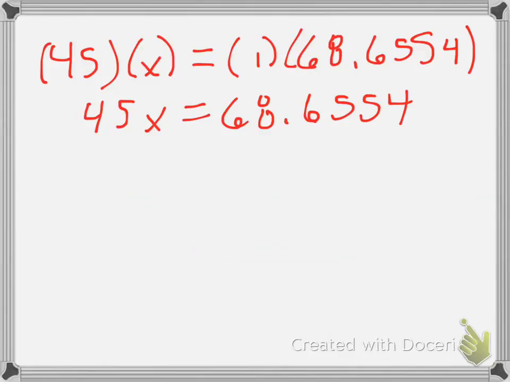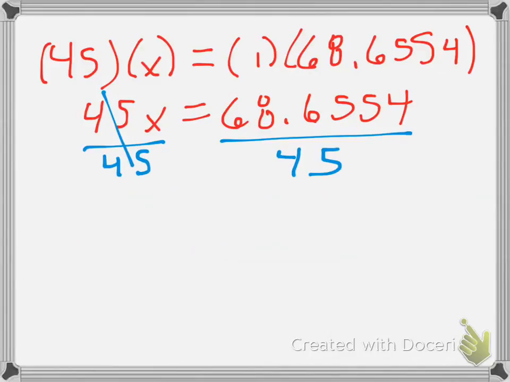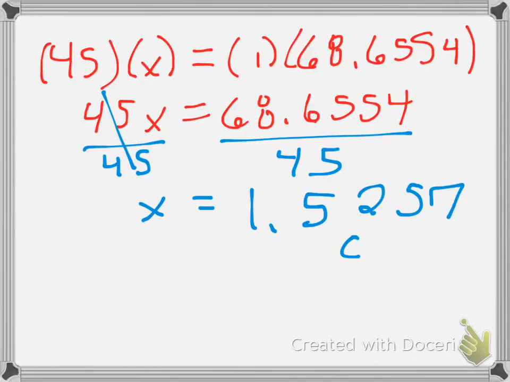You want to get the x by itself, so you want to get rid of the 45. So you divide both sides by 45. And then x equals 68.6554 divided by 45, which is 1.5257 cans of paint.